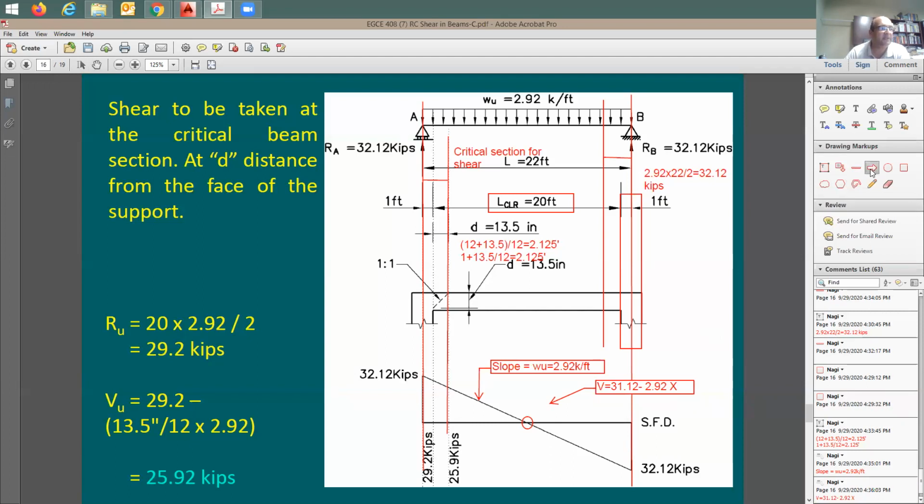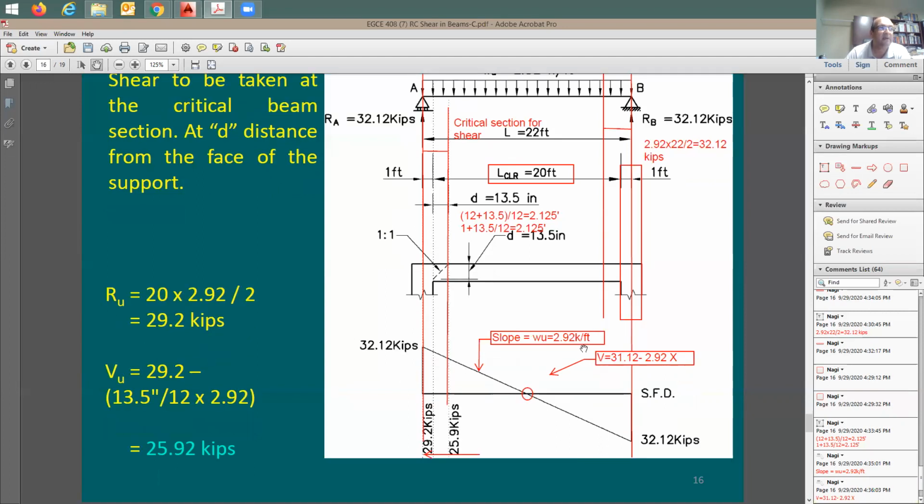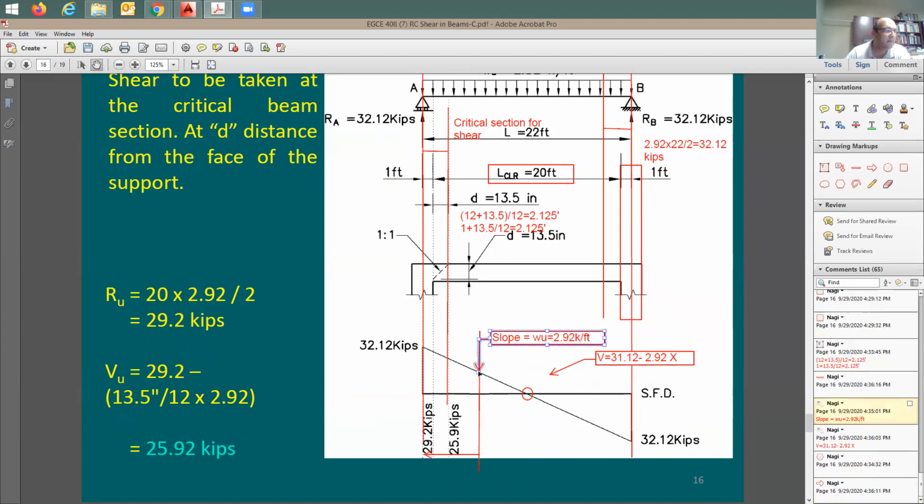Now someone's going to say, where's X? I'm going to say, well, are you interested in the shear at any location? What do you mean by any location? Any location, like here, the shear here. I'm going to say, give me the shear at this point. The shear height here. How much is this ordinate?